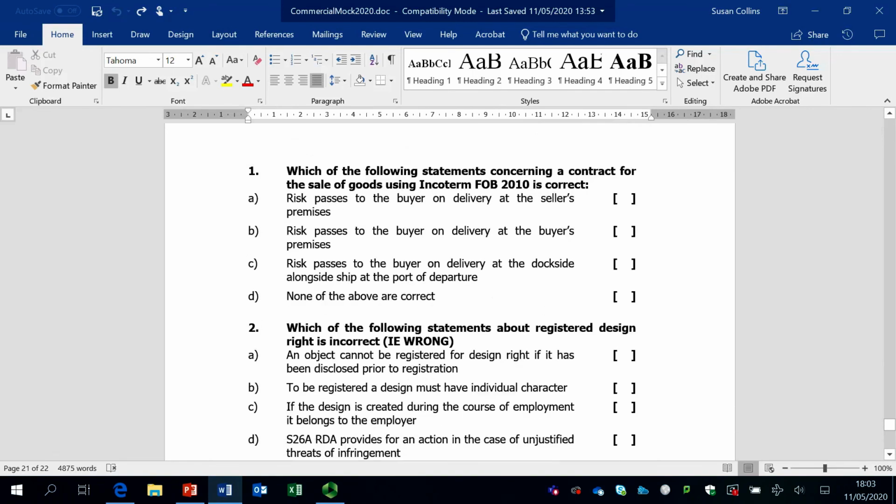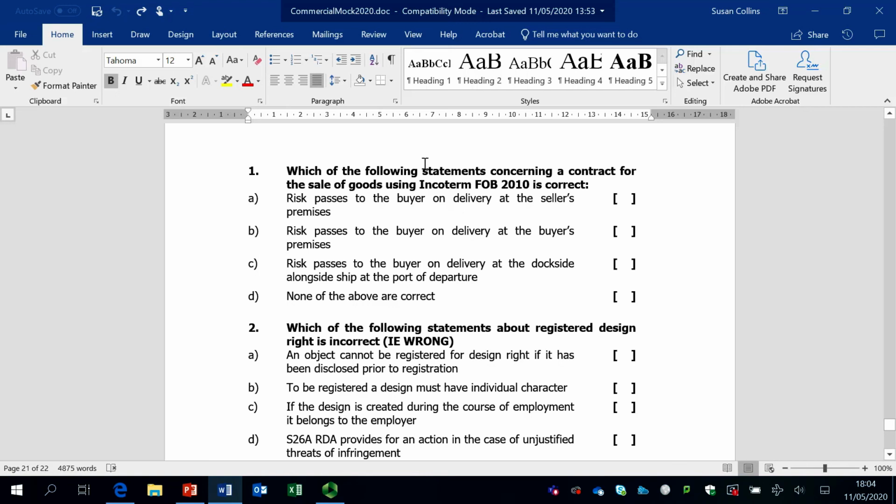So the first question here is about Incoterms, and it asks which of these is correct about FOB. And the answer here is D, none of the above are correct. The reason for that is that risk passes when the goods are on board under FOB, and that's dealt with on page 185.